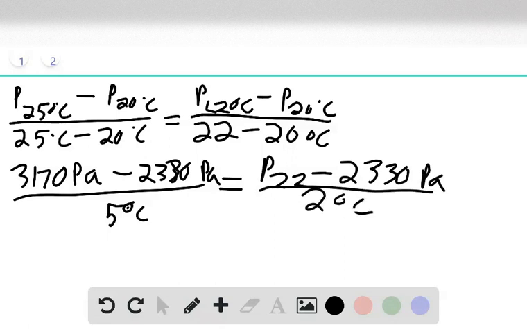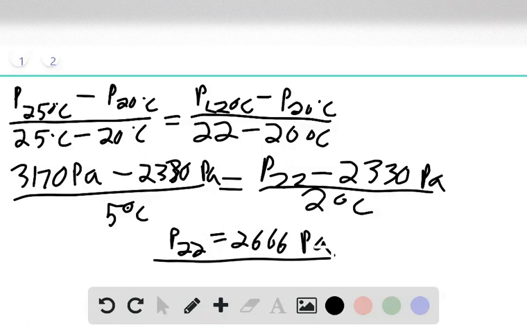Okay, plug all that into your calculator, solve for P22, and you get P22 equals 2,666 pascals. Okay, so now we have P22.